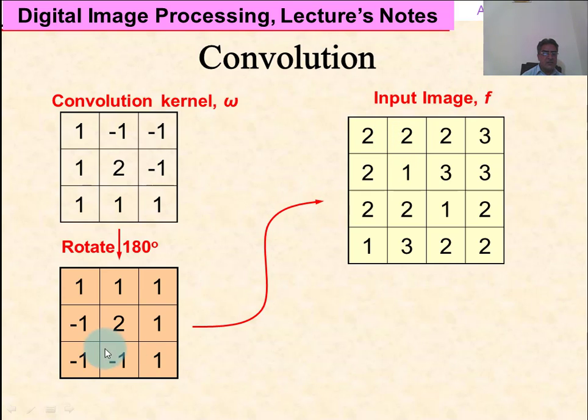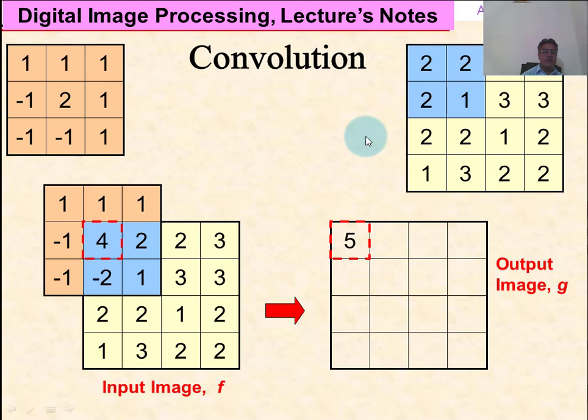That is, these will coincide or overlap with the first value of this input image. How? You may see it here. These 4 values will become the target because we have put the center here.